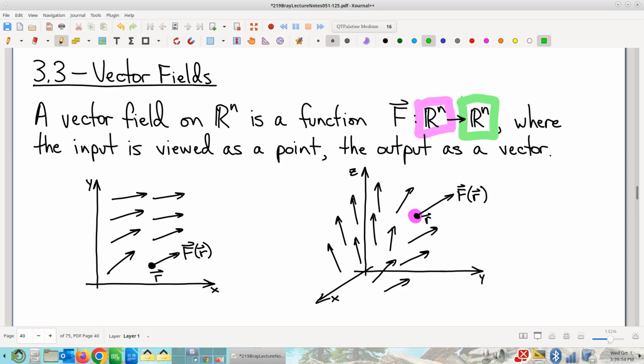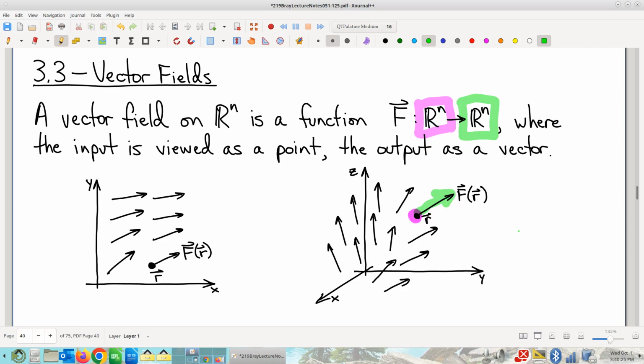Now, vectors you can draw anywhere, but in practice, this vector is going to supposedly represent probably something that's happening at this point, and so we draw the vector with its tail at that point. These are, in fact, the same vector, but to understand this as a vector field, we draw the field vector with its tail at the point. There you go. This is how we think about vector fields.